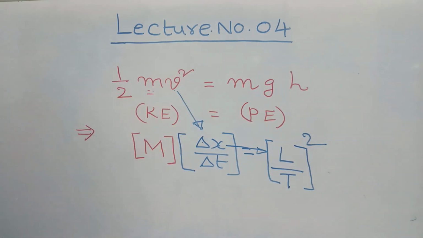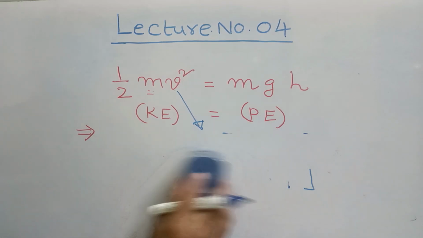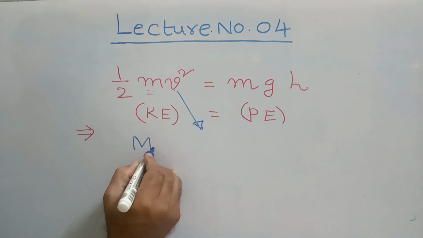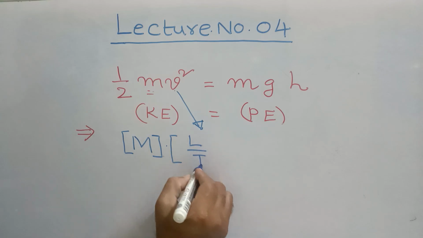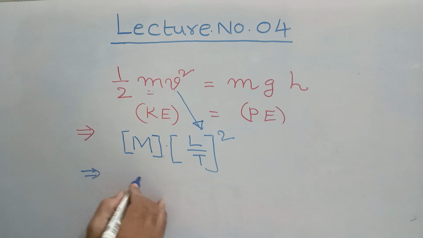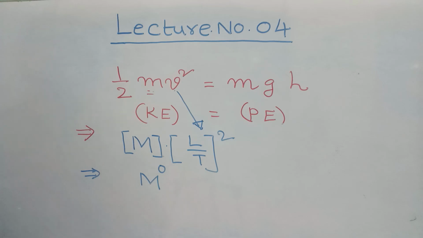L by t square. Therefore, in combination, if I write like this, how can I write here? It is nothing but m into L by t square. Getting? This implies m power 0, because the power is 0.